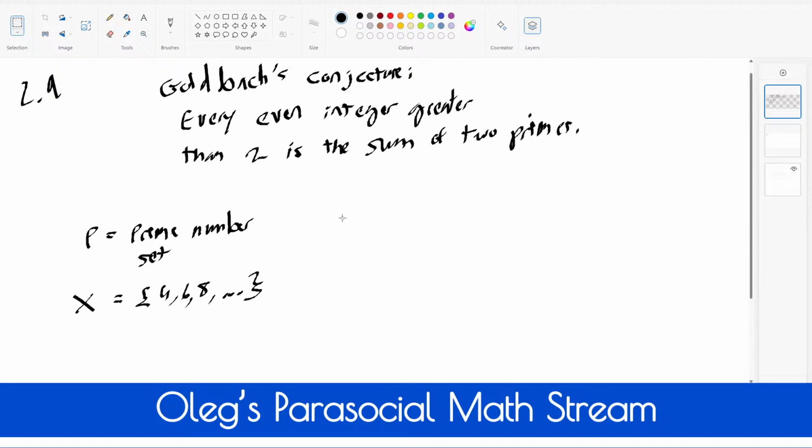What they're saying here... Okay, N containing the set X. And the set X is the set of infinite number of even integers greater than 2. So N contains that set, and that set contains those things.